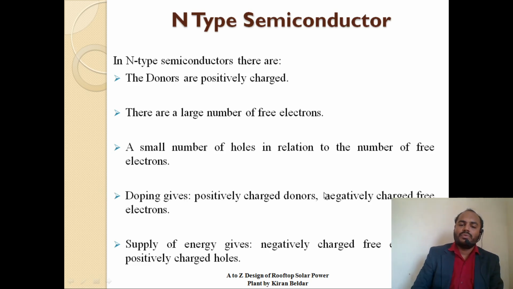When the antimony gives 1 electron to the silicon or to the combining material, that antimony material is getting stable, because of which it has the positive charge, and that 1 free electron flows inside a circuit or inside a combining material that already has the negative charge. So donors are positively charged and electrons are negatively charged in the n-type semiconductor material.